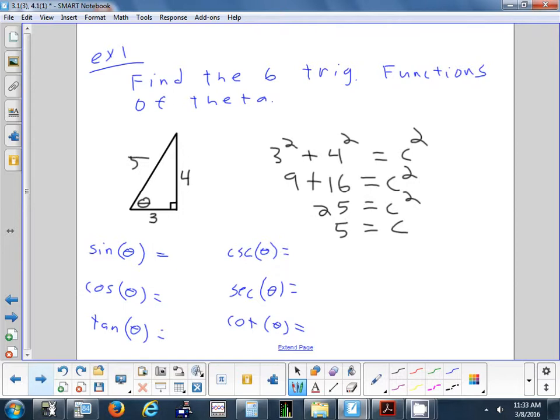How about Sydney? What would my sine be? 4 over 5. Good, opposite over hypotenuse, 4 over 5. Bailey, how about my cosine? 3 over 5. And Emily, my tangent?